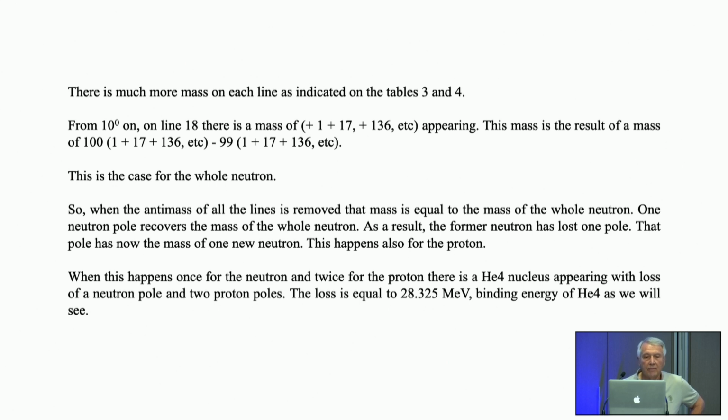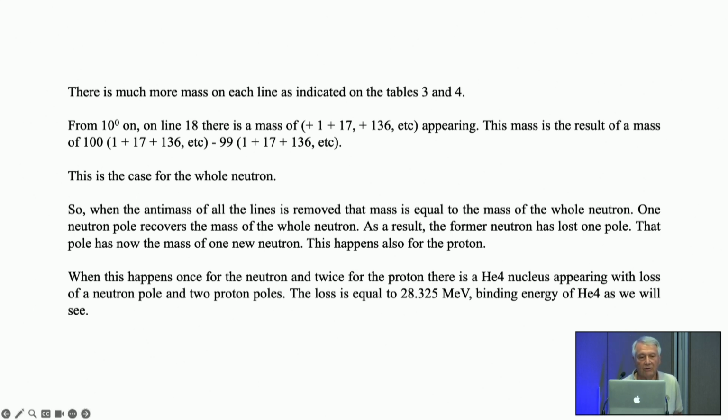What you can notice is that there is in fact much more mass on these lines. From 10 power 0 on line 18, there is a mass we have seen that is 1 plus 17 power minus 2, etc. This mass is a result of a mass which is 100 times bigger, because it corresponds to the Higgs boson mass.